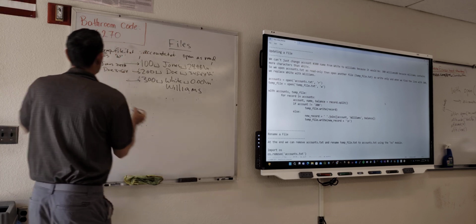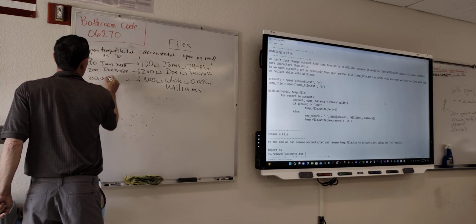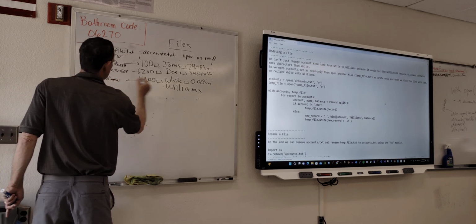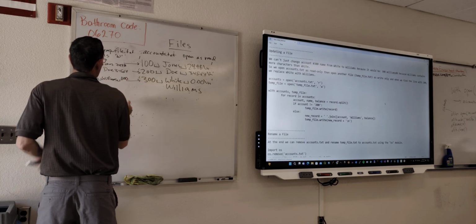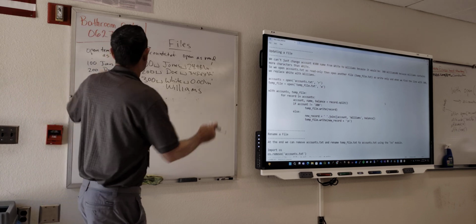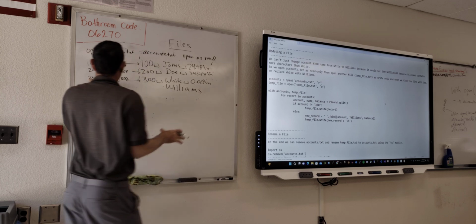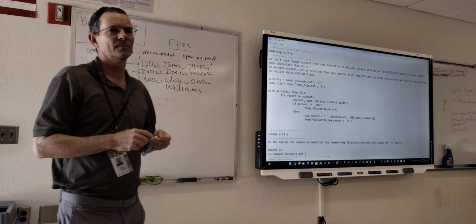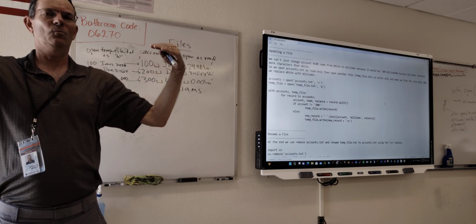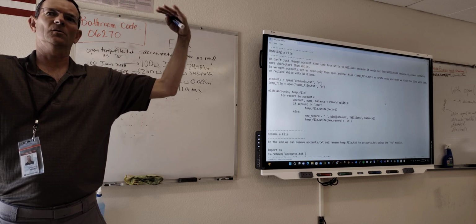So now we're writing 300 space Williams, and then whatever that balance was, 0, and then a new line to this file. And then we keep going. This one's reading, this one's writing, and that's how you change it. Does that make sense? We're going line by line with one file, and when we find something that we want to change, we write the change to the other file.